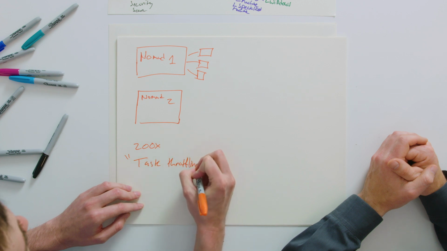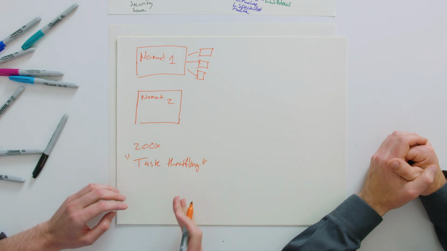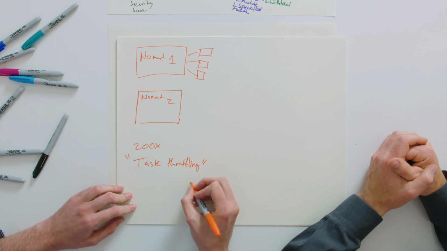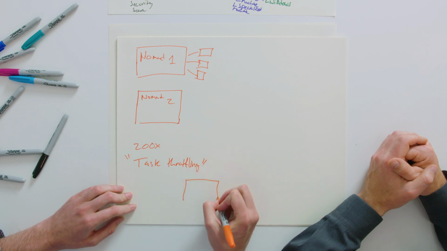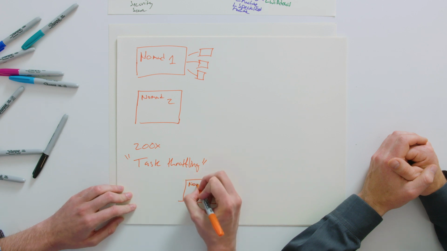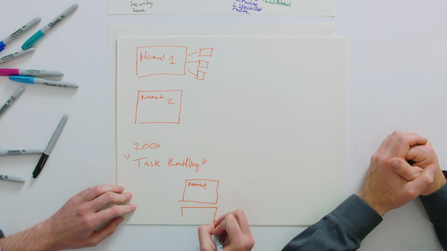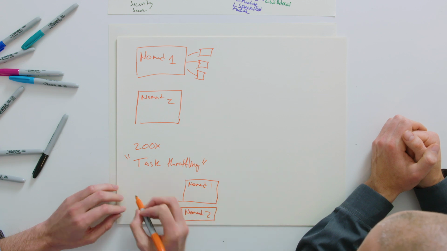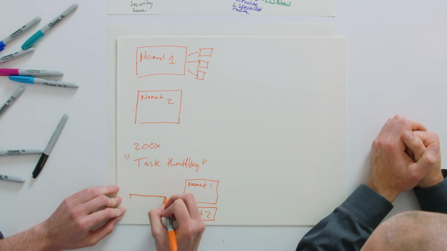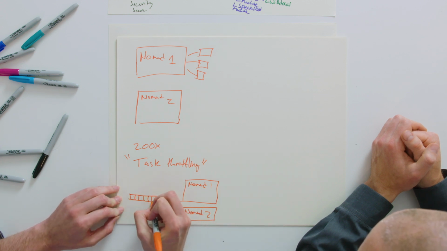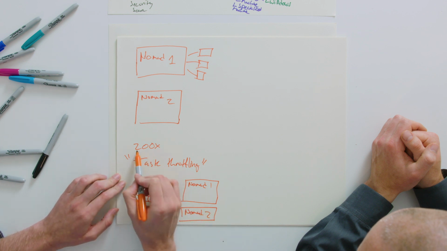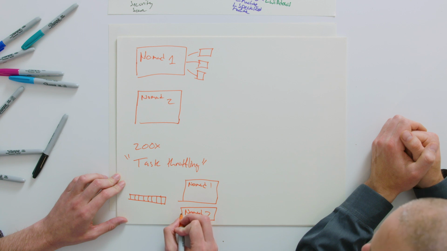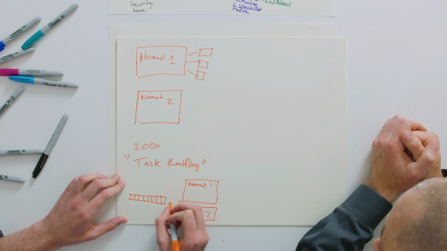The task versus job distinction is some serious inside baseball, but the important idea here is to build a feedback mechanism. So if we have our Nomad clusters down here, and this would be true for all the instance types I talked about, and we're trying to feed work into them, rather than focusing on giving some hard limit to each customer, we can be looking at the health of this queue.